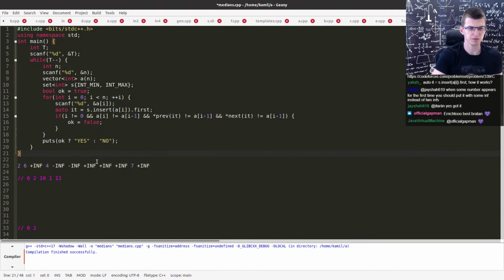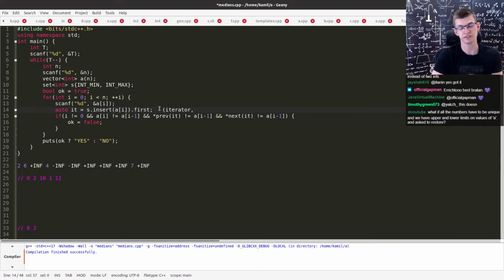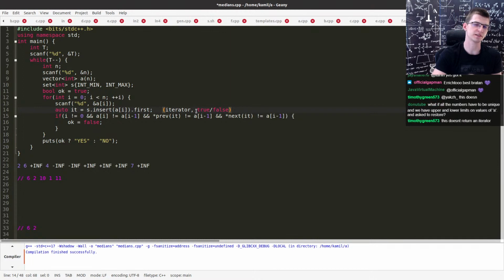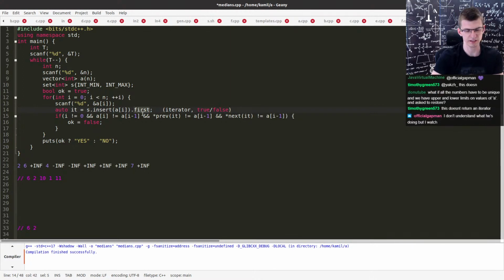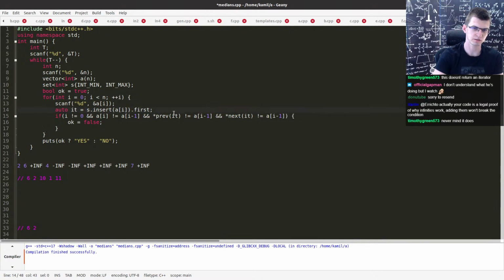Read the editorial proof. I think it will do something similar. Insert, how it works. Insert returns a pair. It returns a pair: an iterator where it's inserted, and true or false whether it was indeed inserted. So second will give you a Boolean value, and it will be true if that is a new element and you inserted it, false if you failed to insert because it was already there.